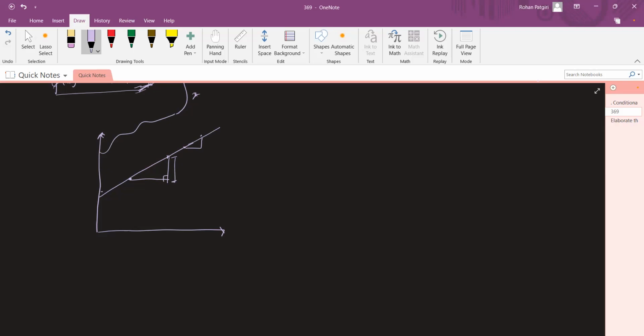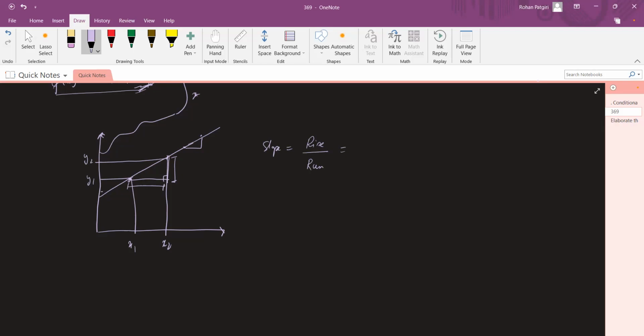So the slope is this term divided by this term. Suppose this point has coordinates x1 and y1, and this point has another coordinate, x2 and y2. I mentioned that slope is described as rise over run. Rise means, from this point to this point, how much it has risen.